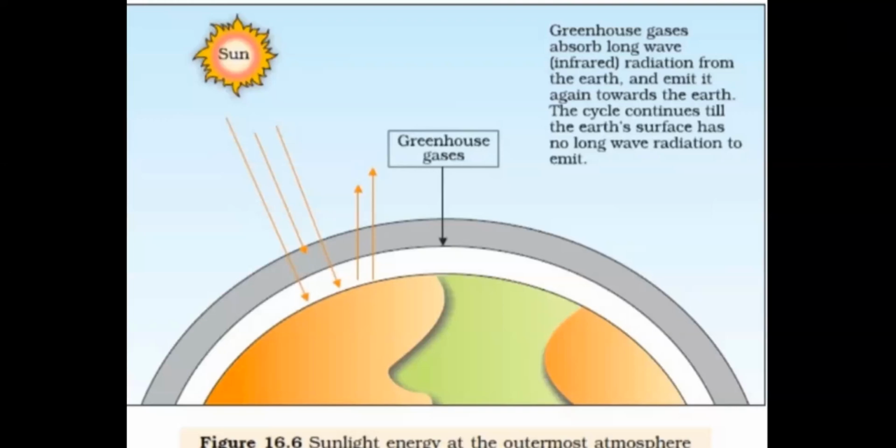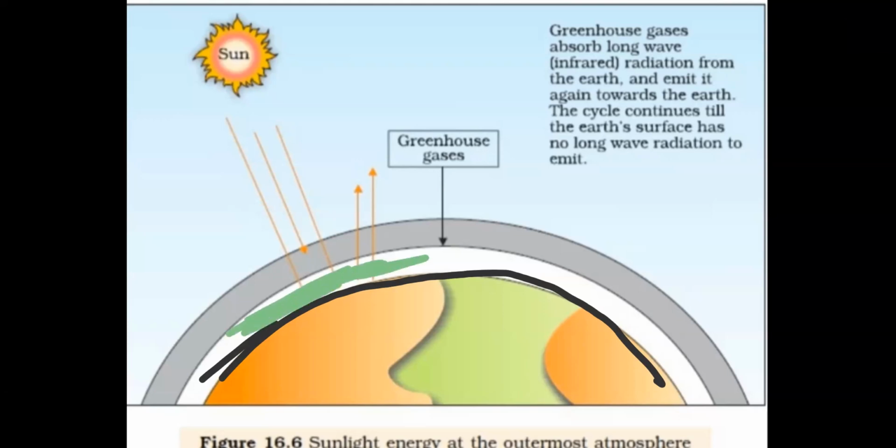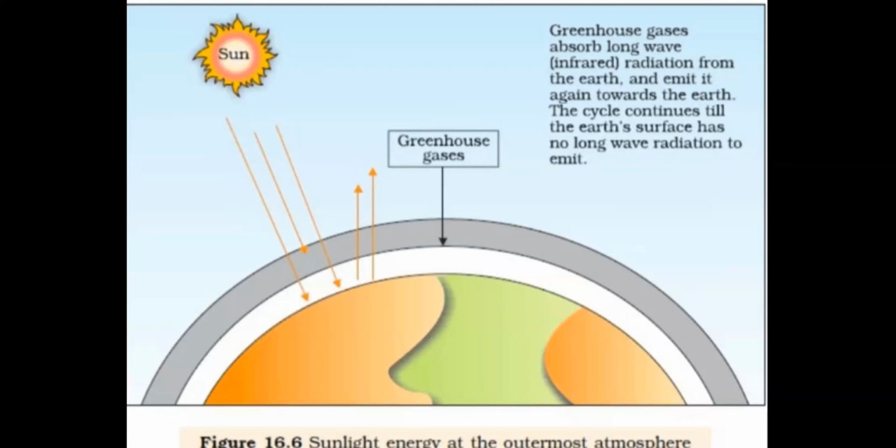See here, this is the earth's surface, right? Here the greenhouse gases are present in this part. So greenhouse gases, remember, absorb infrared radiations which have a long wavelength and are emitted from the earth, and emit them again towards the earth.